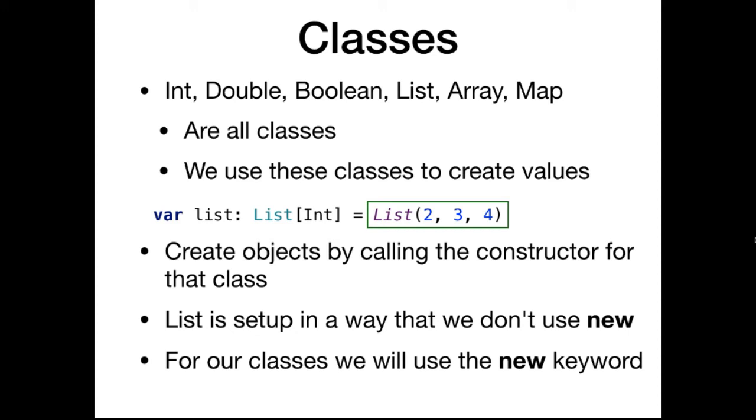We're creating a new object of type list using the list class and calling the constructor, which takes any number of values of the type of the list we want to create. Same thing, same ideas, just set up in a way that we don't use the new keyword. So if you're wondering why didn't we use new for those, that's a brief explanation of why. Suffice to know that we just don't need new for certain things that are set up to not need new. But we are still creating new objects from a class.